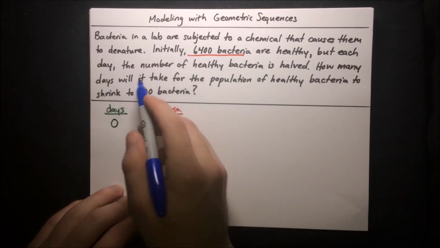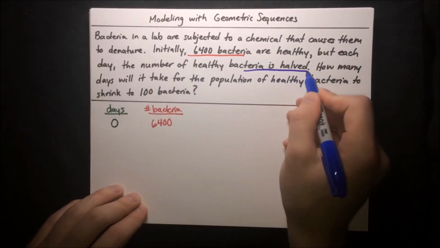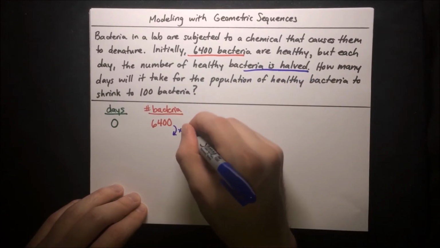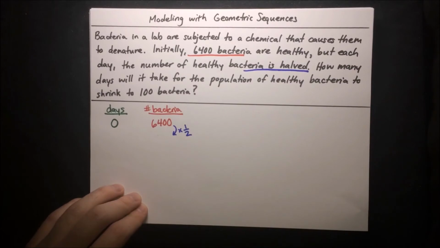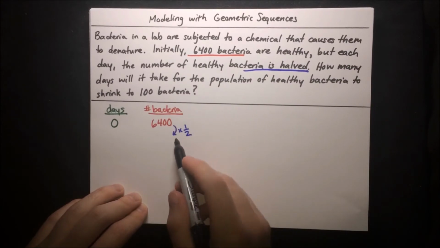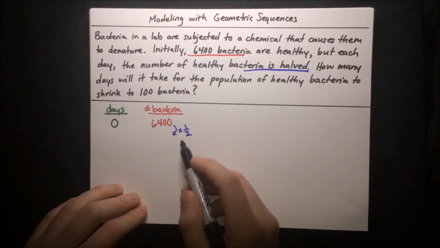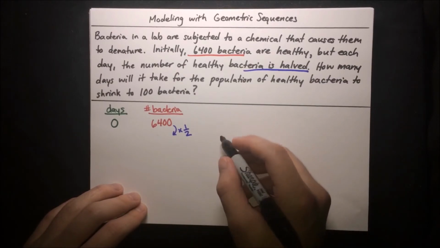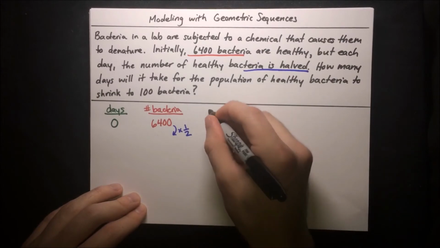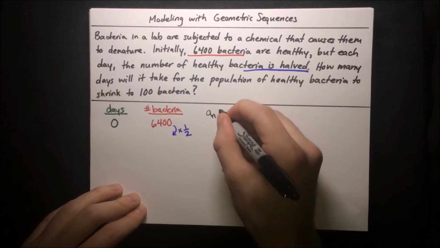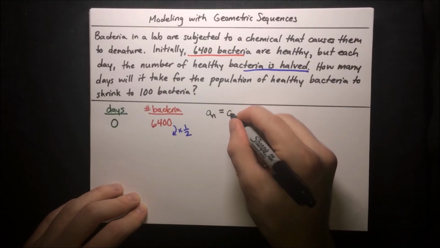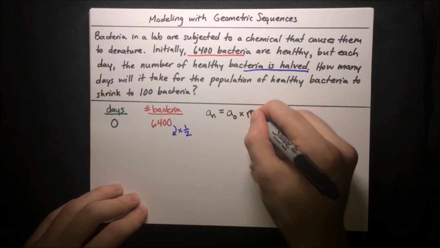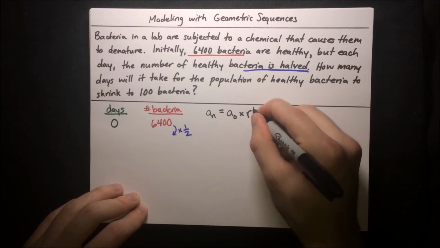Okay, now each day the number of healthy bacteria is halved. So that's what we're going to be multiplying by to get to the next day, times a half. And we can already see that this is going to be a geometric sequence because we're just multiplying by a half every single time. So let's go ahead and set up a formula for the nth term. Now we know that the formula for the nth term of a geometric sequence relative to a_0 goes like this. a_n equals a_0 times r, the common ratio, to the power of n.